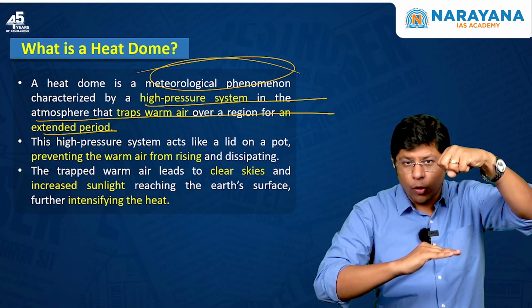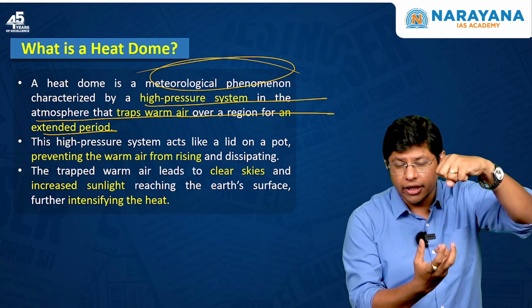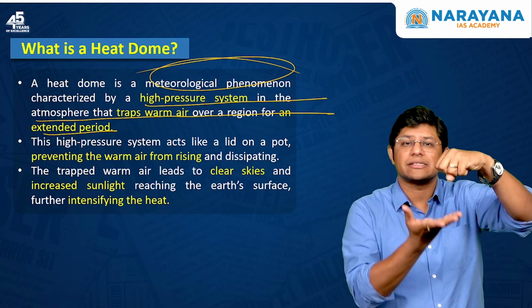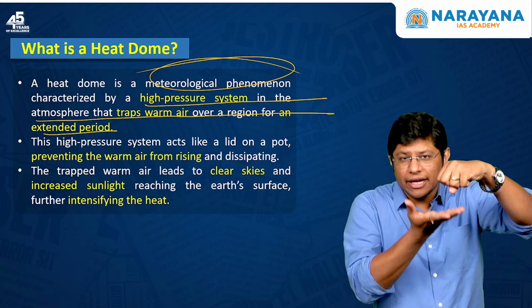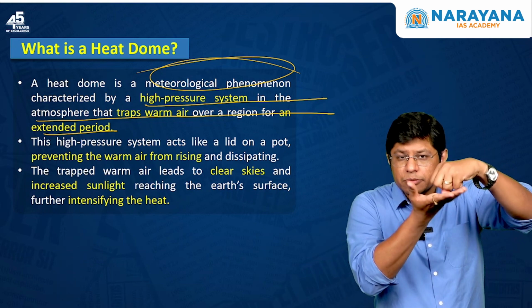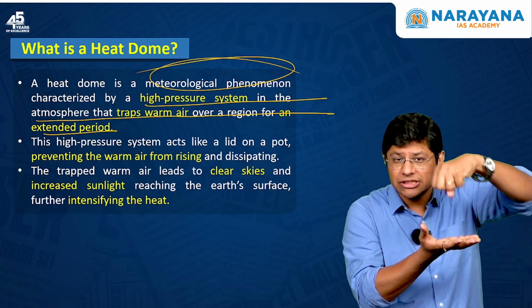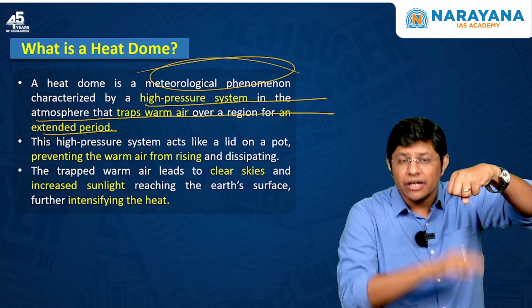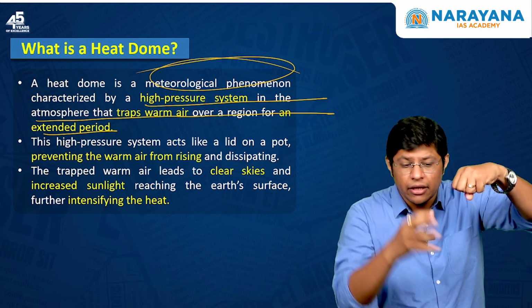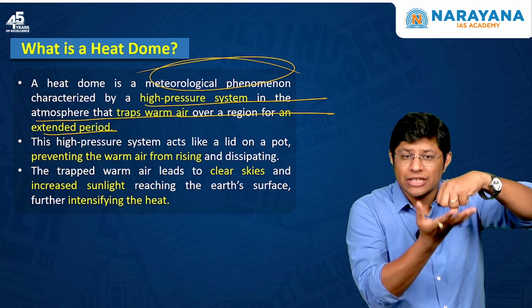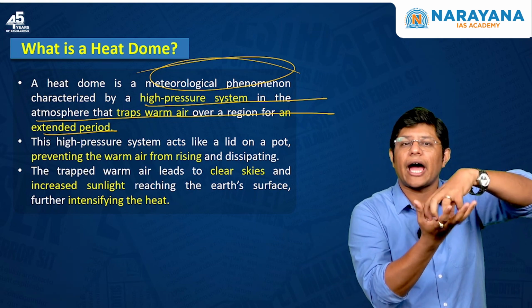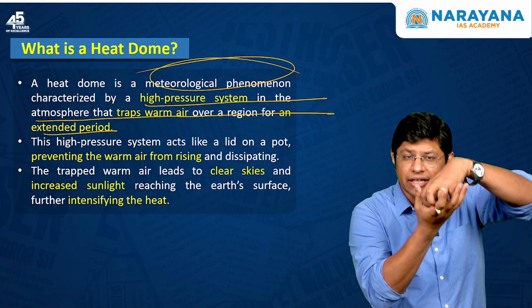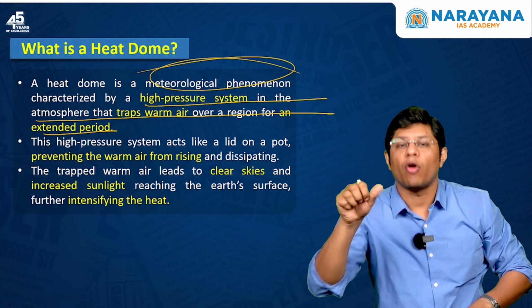At the lower level, the hot air rises. And as the hot air is rising and reaches this position, because of the high pressure system created over a region for an extended period, the rising air is trapped. And that's the reason the region gets warm.